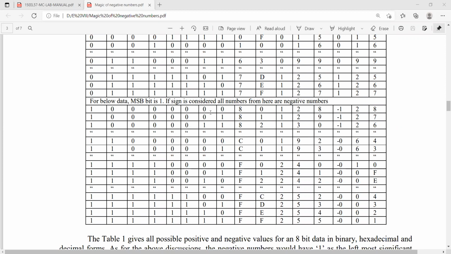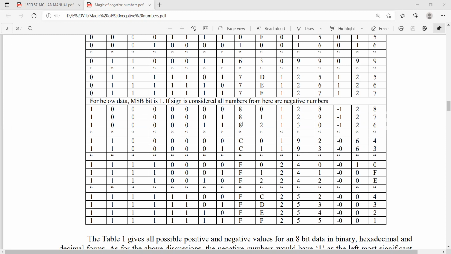Normally it is 128, and its 2's complement is also in this 80 format. You can write the number 80 and its 2's complement, both in the same way. That value is generally minus 128.